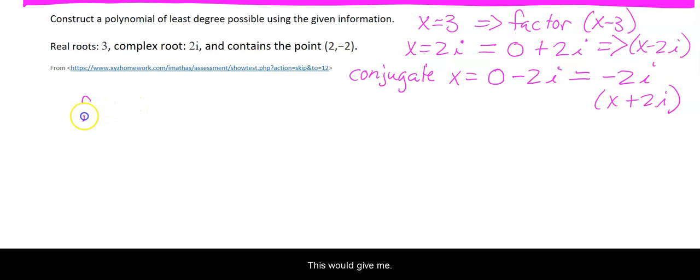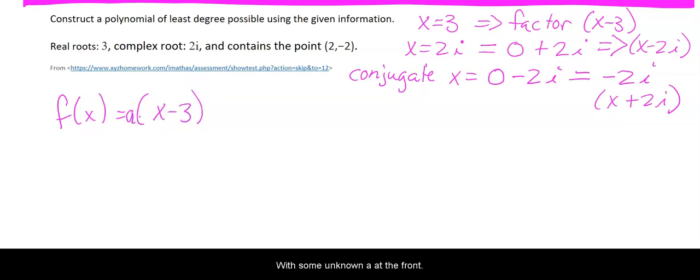This would give me f of x equals a, some unknown a at the front, times x minus 3 times x minus 2i times x plus 2i.